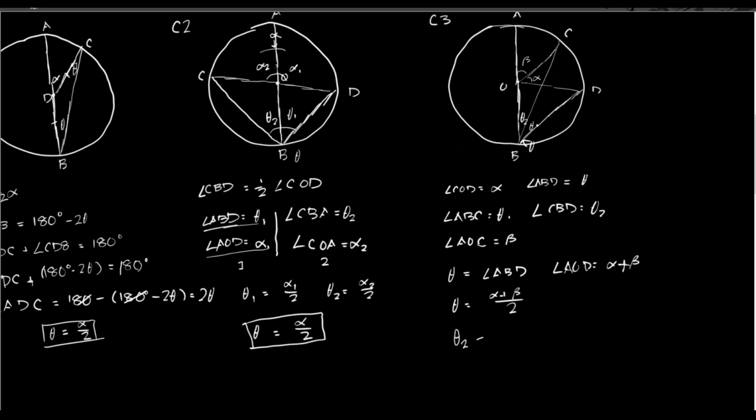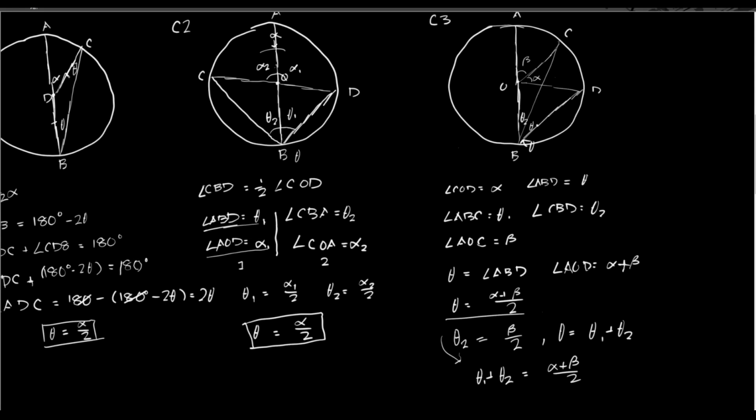And by the inscribed angle theorem, we know that theta 2 is equal to beta over 2, which makes sense. But since we know that theta is equal to theta 1 plus theta 2, we can rewrite our first expression down here as theta 1 plus theta 2 is equal to alpha plus beta over 2.